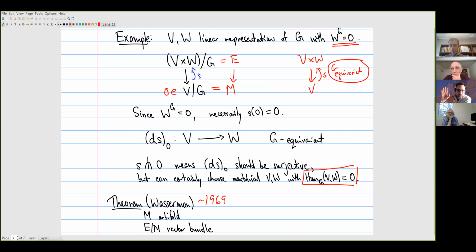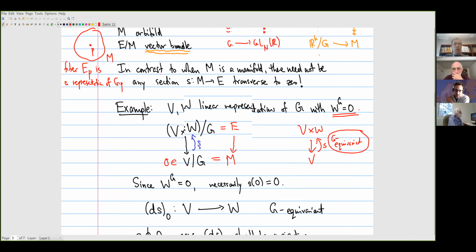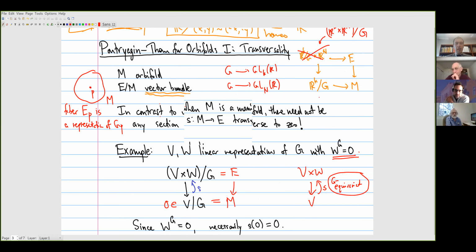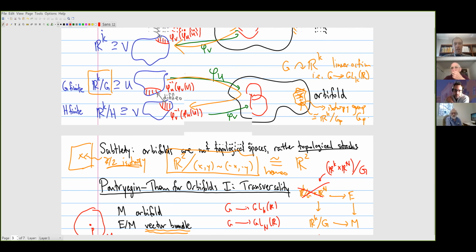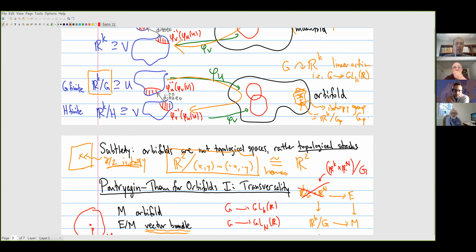May I ask two silly questions? When you show the definition of the orbifold, you are using two groups. Do you need some compatibility between the groups acting on representations? Yeah. So as I said, when I write RK mod G, I don't mean the topological space quotient, I mean the topological stack quotient.